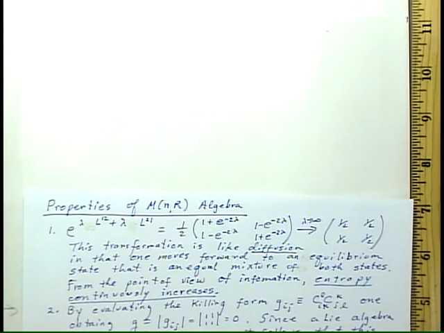By acting with this transformation on those two vectors, or any other transformation, we end up in the very distant future with vectors that are equal mixtures. So the knowledge of whether a particle was spinning up or spinning down has been totally obliterated. We end up with mixtures of equal spinning up and equal spinning down, which means that we have no information at all. And that's why I make the statement that the entropy has continuously increased in a gradual process of losing information.